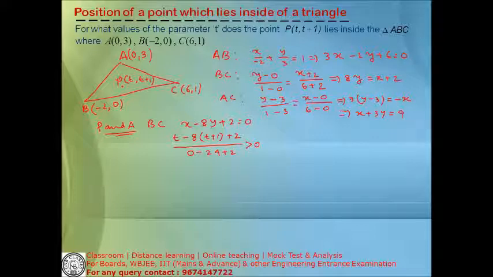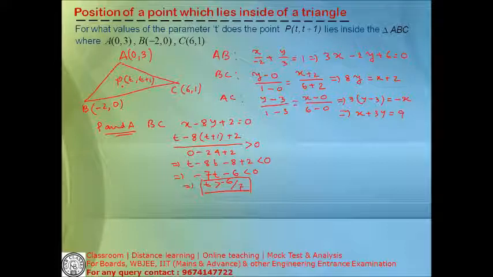So we are going to get t minus 8t minus 8 plus 2 is less than 0. Why? Because the denominator here is negative, so the sign will get changed. So we are getting from here minus 7t minus 6 is less than 0, which implies t is more than minus 6 by 7. So this is the first condition that we got, that t is greater than minus 6 by 7.